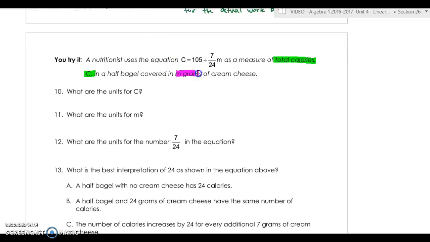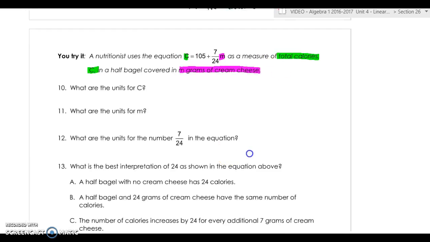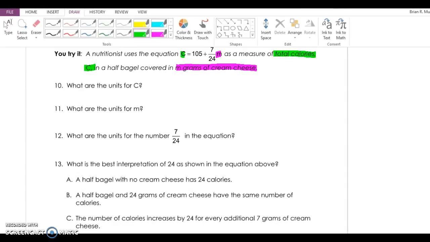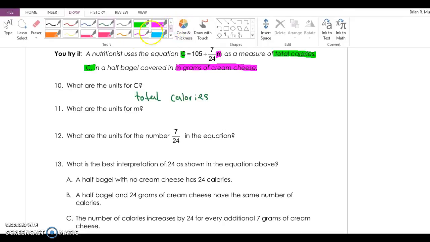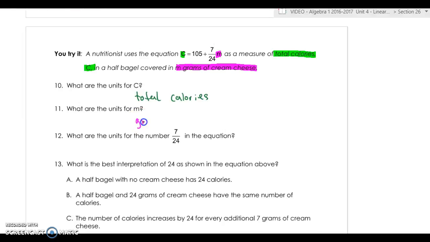So m grams of cream cheese, m is our input, and then C is our output. So again, we want to know what are the units for C. It says right here in the prompt, total calories. And what are the units for m? Grams of cream cheese.